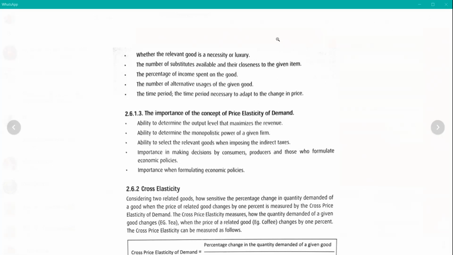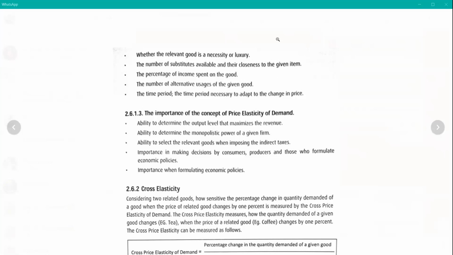In some cases, when the consumer searches for the product, it is already available. Then demand is said to be inelastic because the consumer does not search for any other substitute. That's how we distinguish elastic and inelastic by using these five factors.